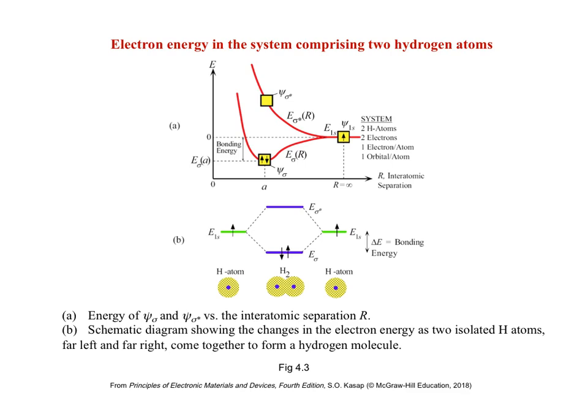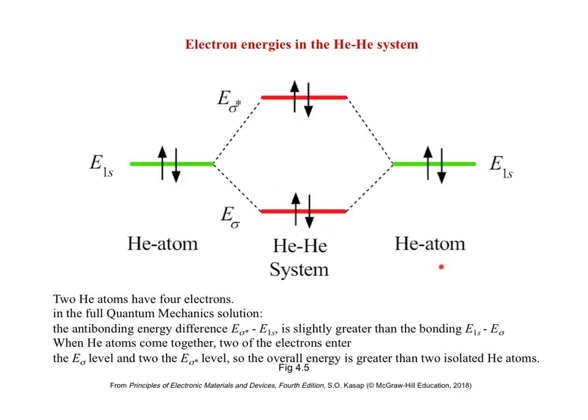Notice that the increase in energy of the antibonding orbital is slightly larger than the decrease in energy from the bonding orbital, such that a net bonding energy only occurs if the antibonding orbital is empty. If we had, for example, helium atoms instead of hydrogen atoms with two electrons in the 1s orbital, both the bonding and antibonding orbitals of the molecular orbital system would be filled, each with two electrons in the molecular orbital.